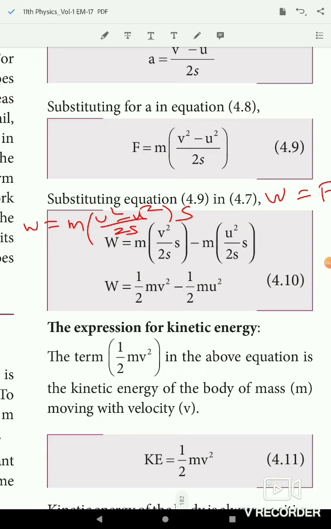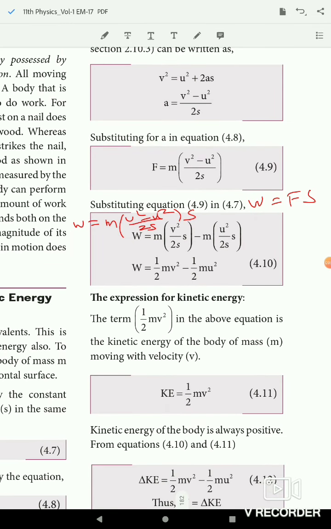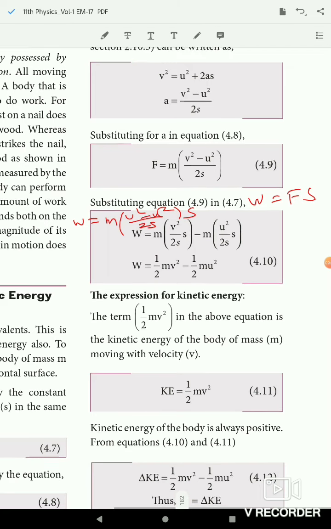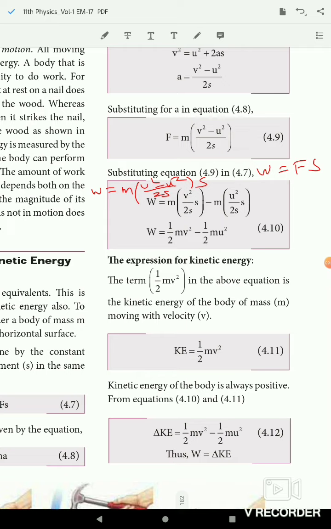Half m v square is the final kinetic energy, and half m u square is the initial kinetic energy. So the kinetic energy of a body of mass m moving with velocity v is half m v square. The kinetic energy for the initial velocity is half m u square, and for the final velocity it is half m v square. The kinetic energy of the body is always positive.